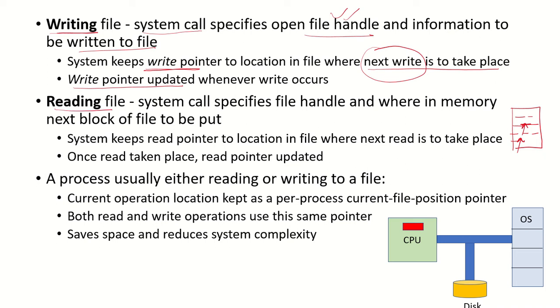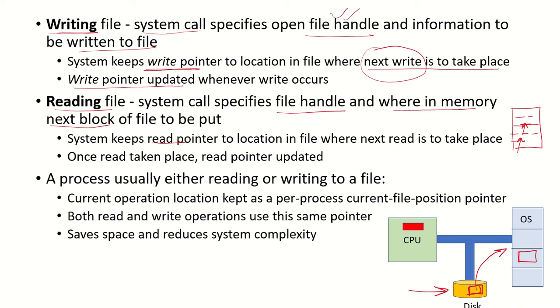For reading the file, the system call specifies the file handle again and where in memory the next block of the file is to be put. If the file is being read, suppose it is there on the disk over here, that means that particular block will be picked up from the disk and taken into some memory block. So where exactly in the memory this new block has to be taken, that information also has to be given.